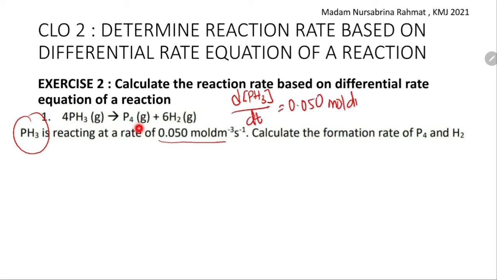0.050 mol dm^-3 s^-1. So you need to be alert with the given unit, because different questions will give you different units for rate of reaction, and your final answer must follow the given reaction rate. If it's in mol per dm cube, then your final answer must involve mol and dm cube.